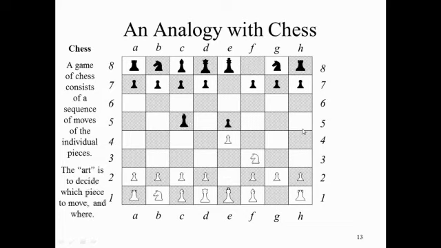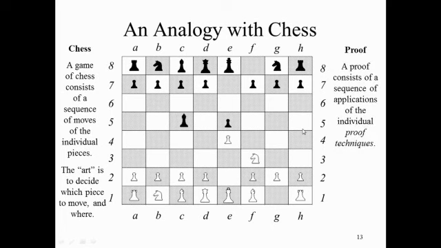Okay. In a completely similar manner, a proof can be described as a sequence of applications of the individual proof techniques. Just like a game of chess is a sequence of moves of the individual pieces, so a proof is a sequence of applications of these individual proof techniques.